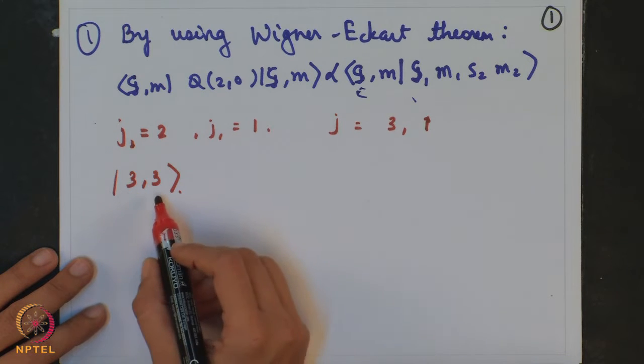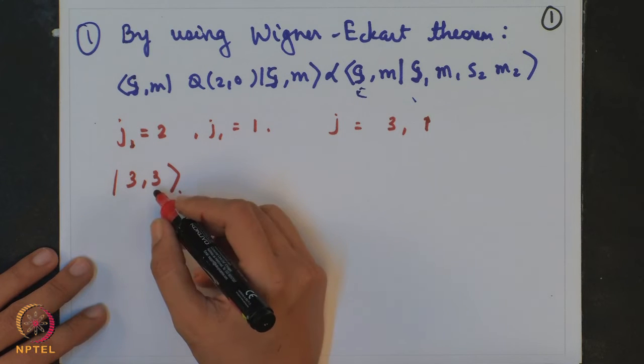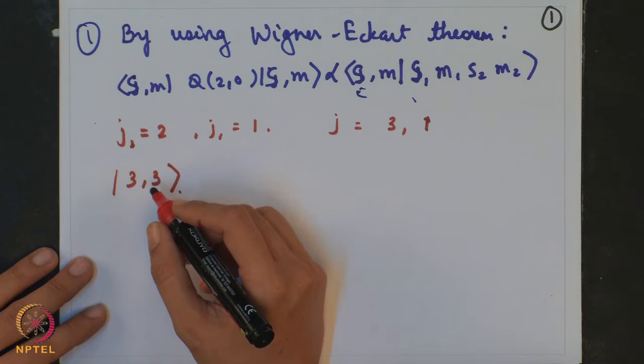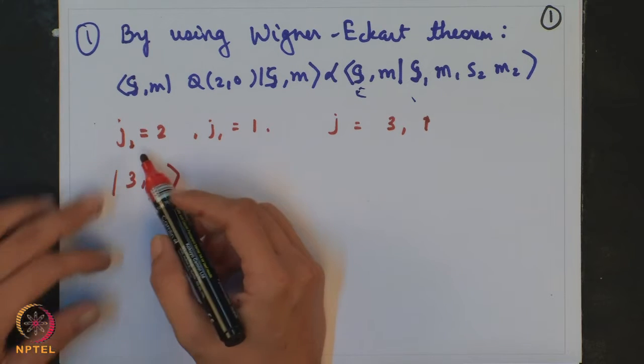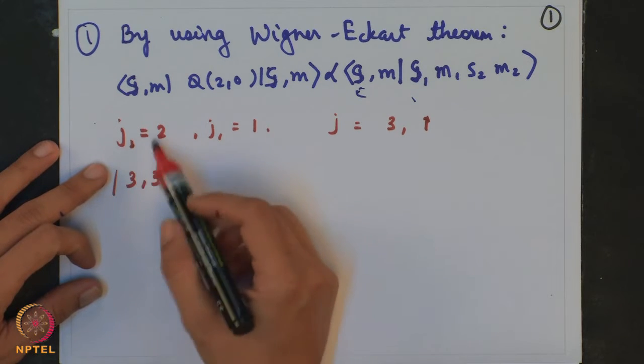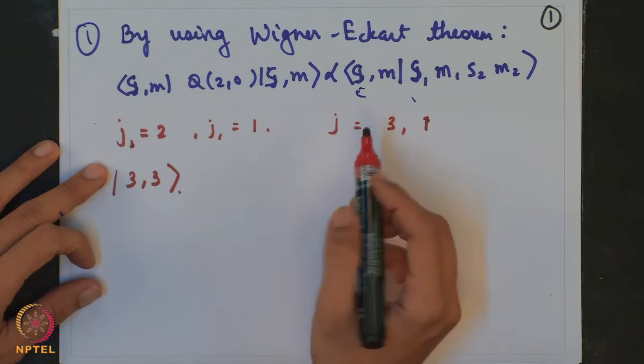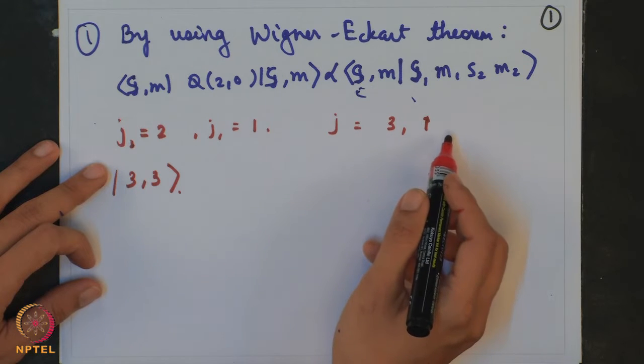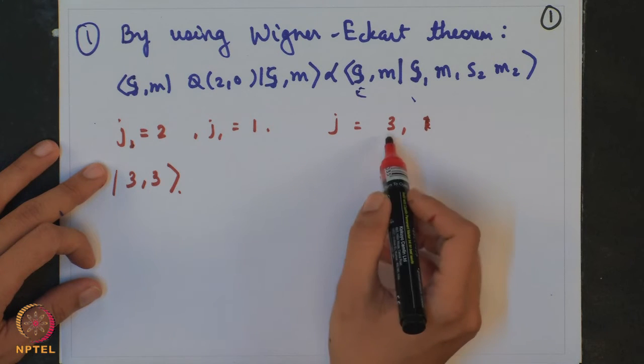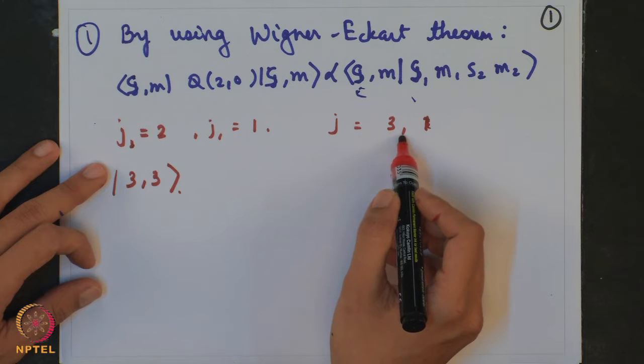When J1 is 1 and J2 is 2, these two values you can take, so your capital J will be 3 and 1, but we are interested in taking J equal to 3.